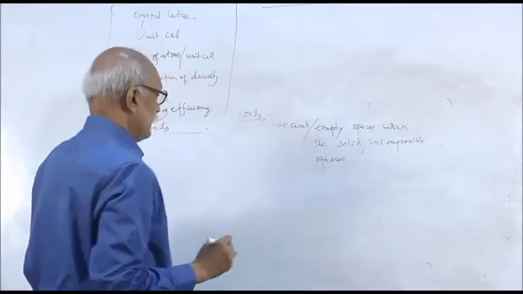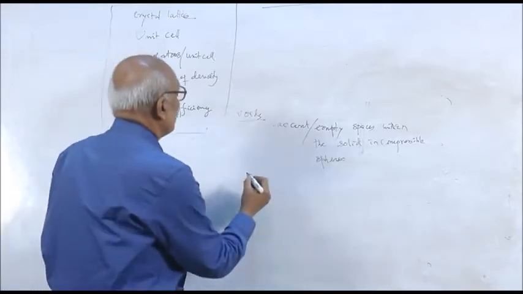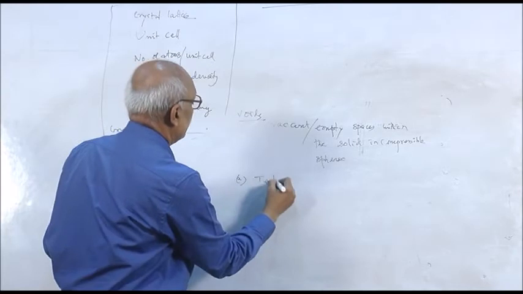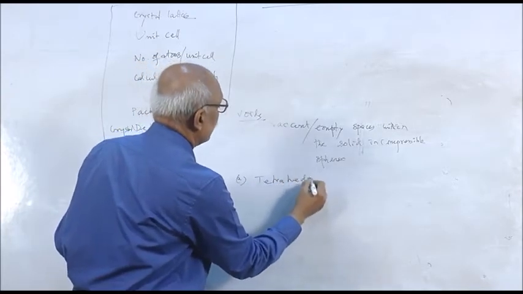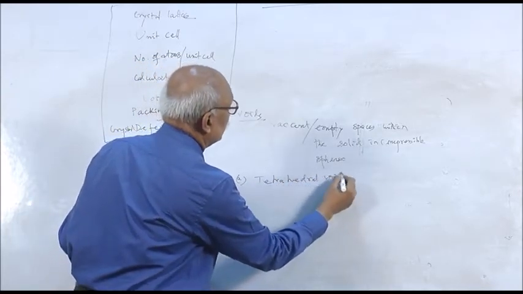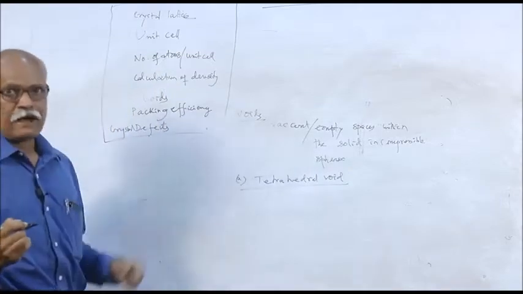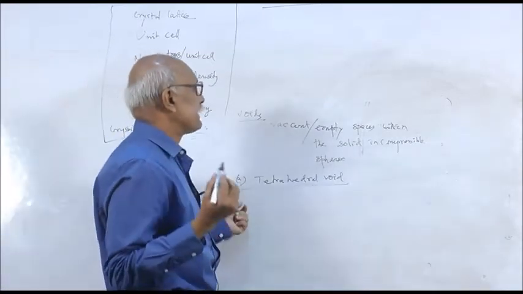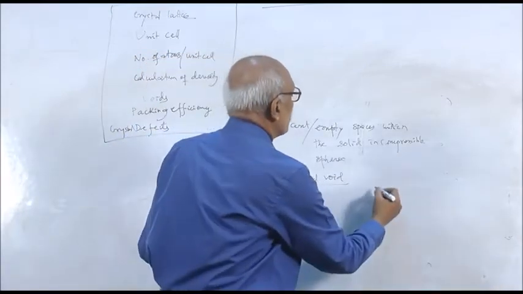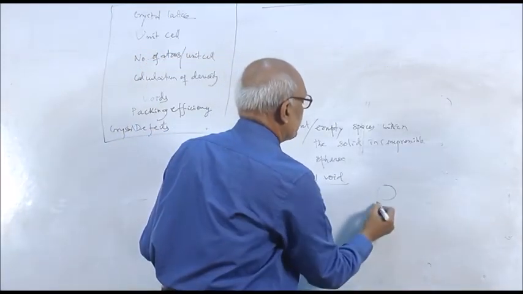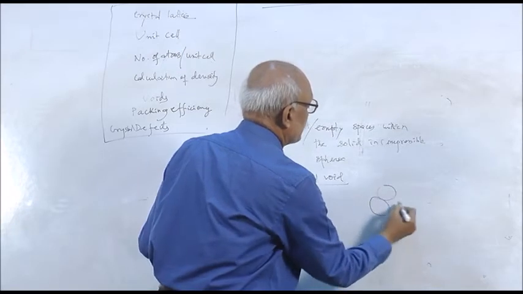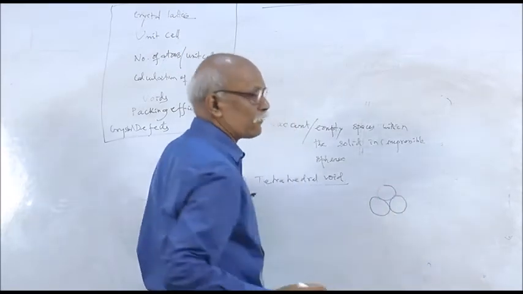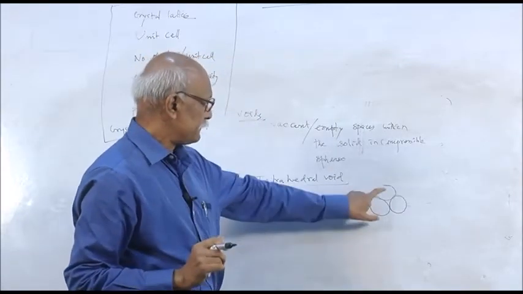As an example, there are two types, and one is the tetrahedral void. How can you get a tetrahedral void? Suppose this is a sphere, this is a sphere, this is a sphere, and this space cannot be filled because these are incompressible.